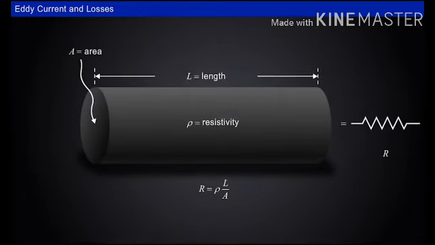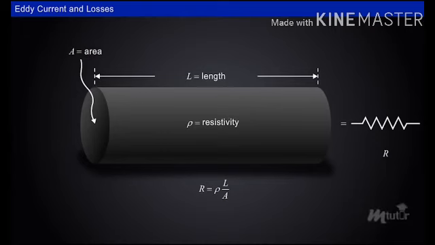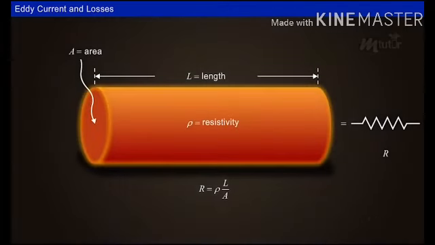As the eddy current flows in the whole surface of the rotor core, the resistance offered by the rotor is minimum due to maximum cross-sectional area, and hence the induced eddy currents will be maximum. These eddy currents create resistive losses in the rotor which are transformed into heat.